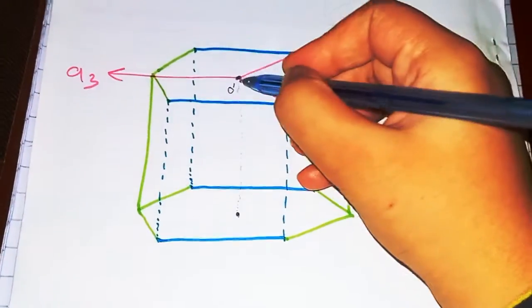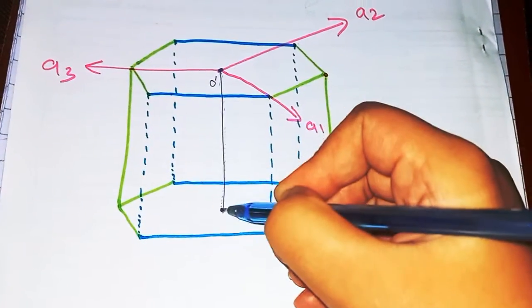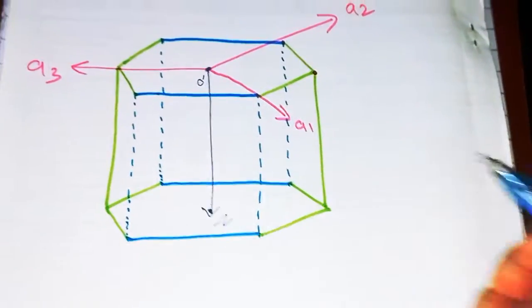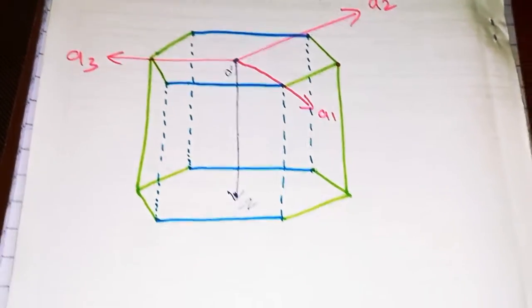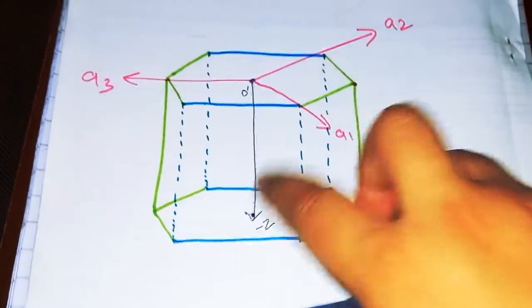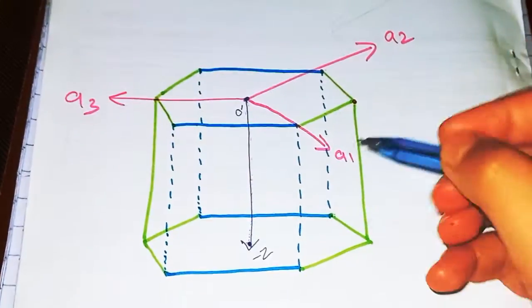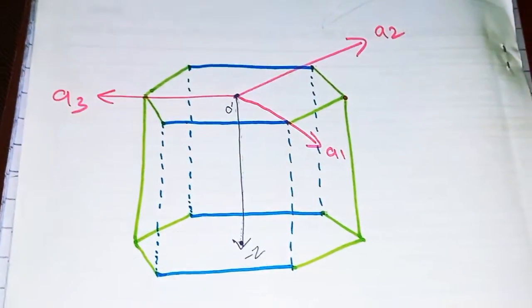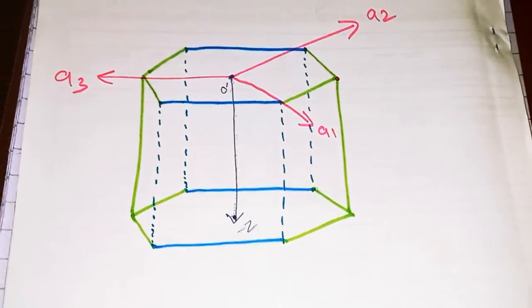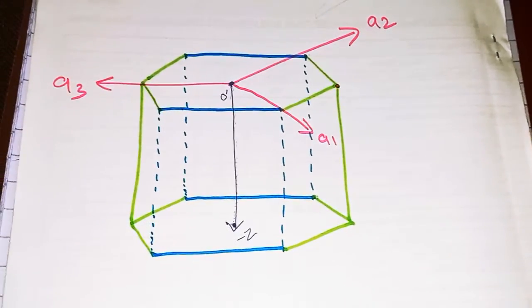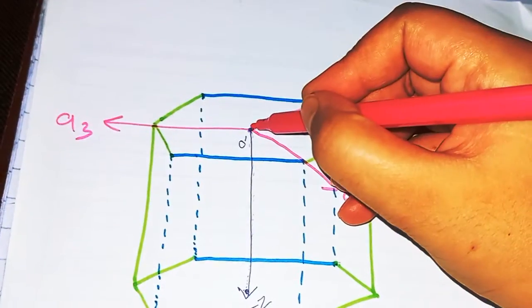We can see that downward is the negative Z axis, and above it will be the positive Z axis. Since our index is negative, we will be using this axis line only. This is the positive A1 axis, and we need to define the negative A1 axis, which is this direction, just opposite to that.